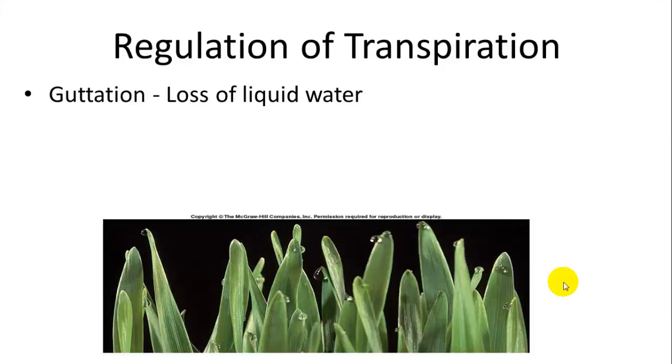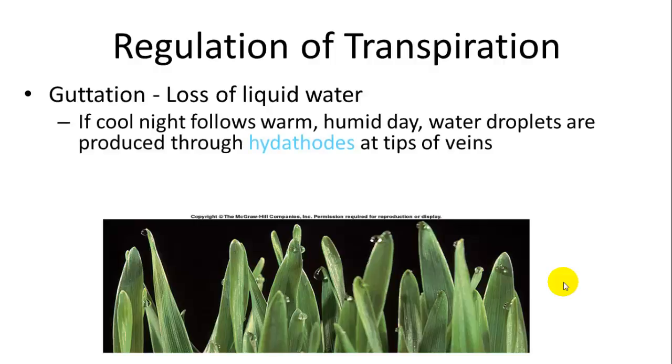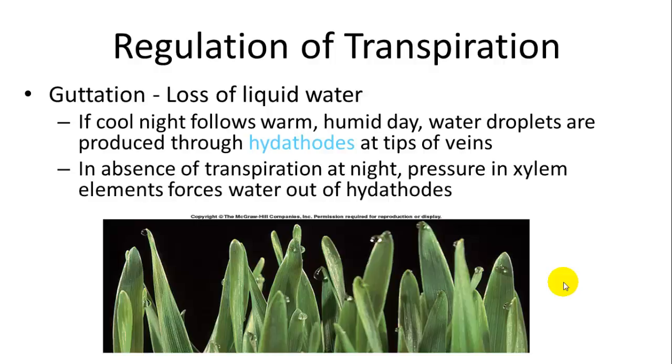As water flows through xylem from the roots up to the leaves, there is another process by which water will flow, not fueled by transpiration. It usually happens if you have a cool night followed by a warm, humid day. And then you get water droplets, which are produced through hydathodes at the tip of the veins.